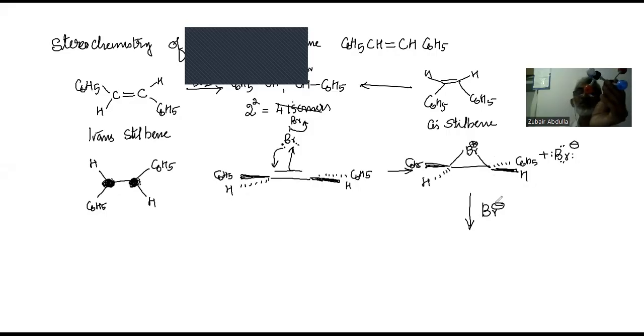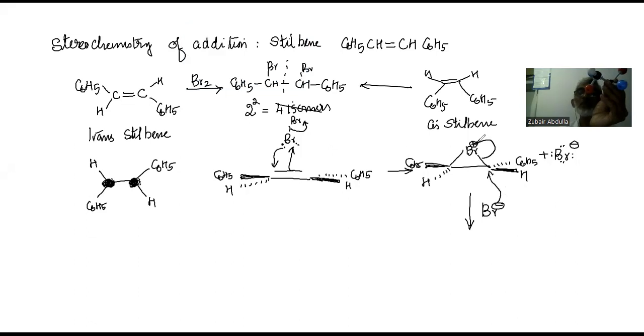So the bromine opens from this side. This bond is broken and Br comes here. Now you can look at the stereochemistry of this. Let us draw this structure. What product is formed? Br minus comes from below. This gets broken off. And what do you get?